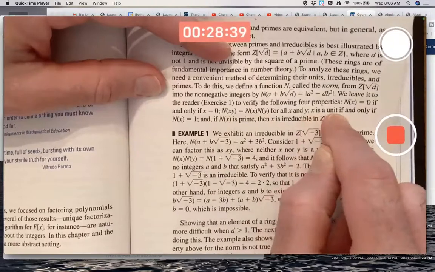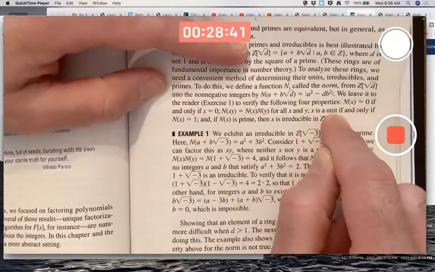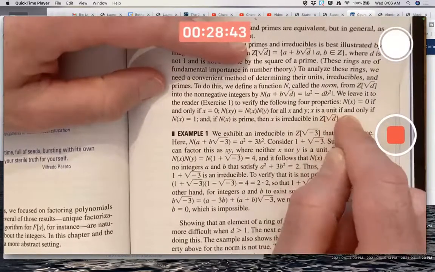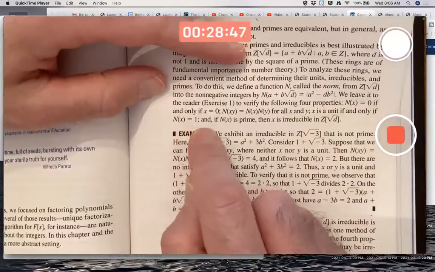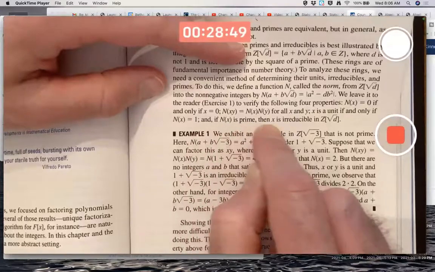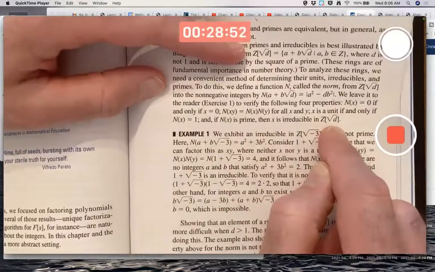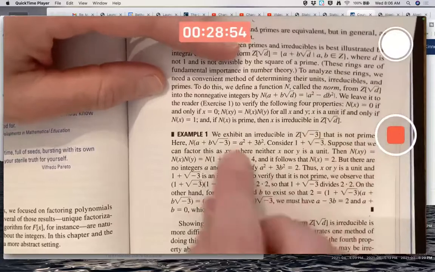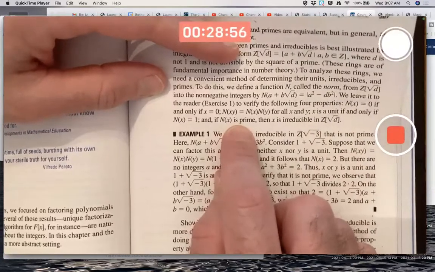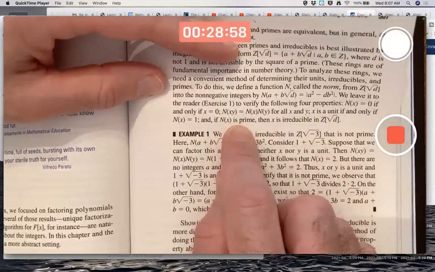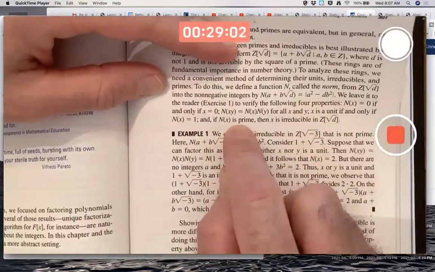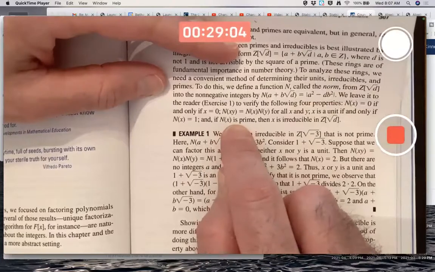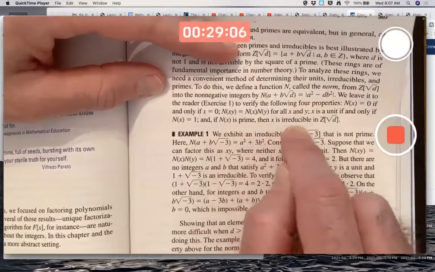X is a unit in the ring, has a multiplicative inverse, if and only if n of x is 1. And if n of x is prime, then x is irreducible. By prime here, we mean prime number. N has outputs that are positive integers. So if n of x is a prime number in the usual sense, then x is irreducible in this ring.